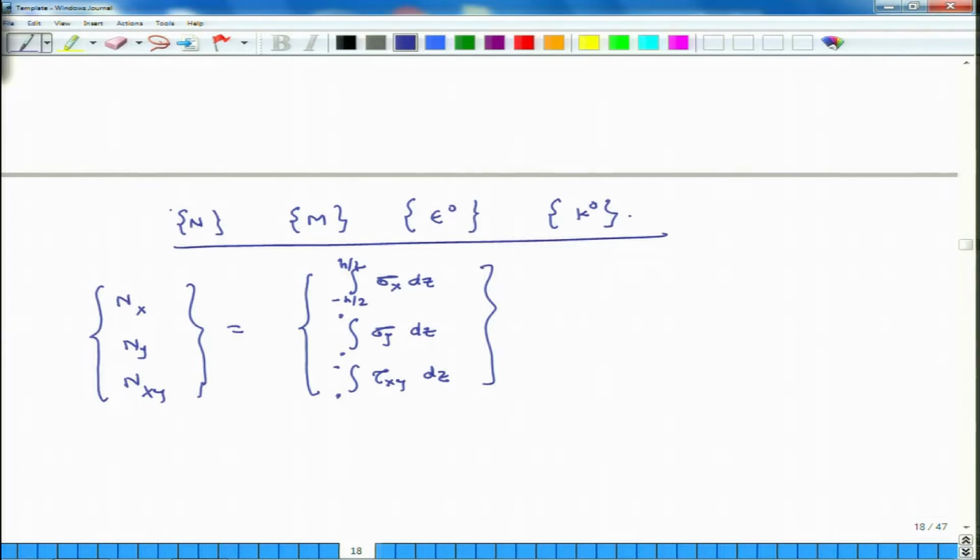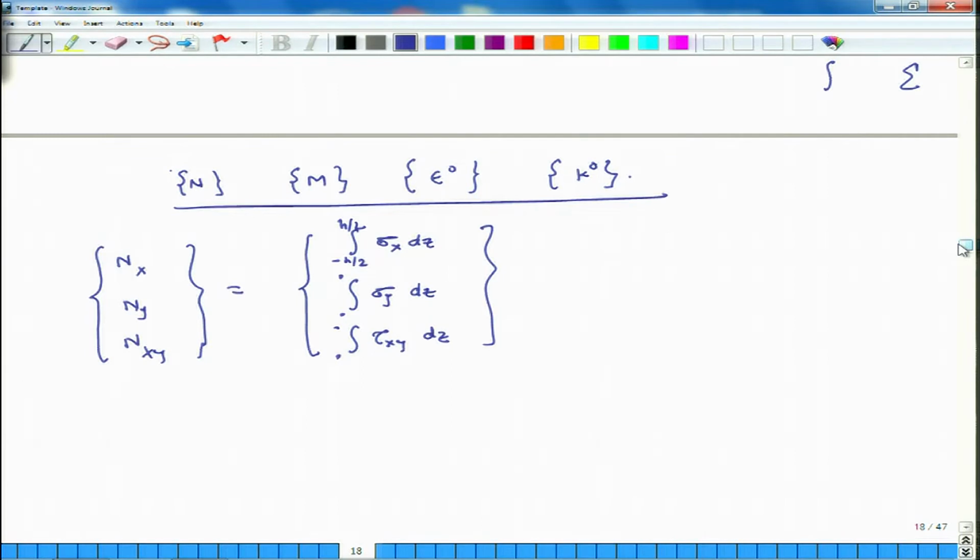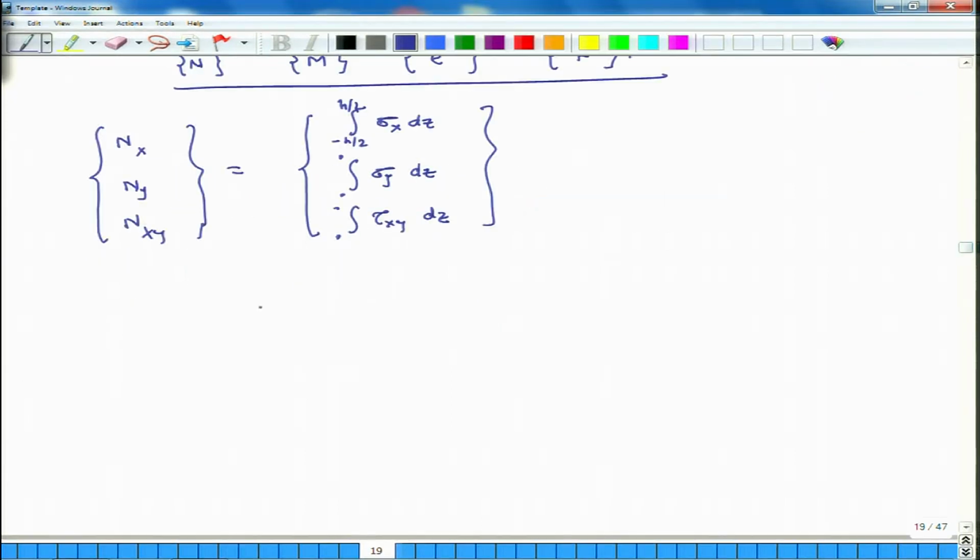Within a layer I can integrate a function, but as it moves from one layer to another, I have to use a summation sign instead, and if there are 10 layers, then I have to sum this 10 times. So, for the entire laminate, strictly speaking, this relation has to be modified like this.